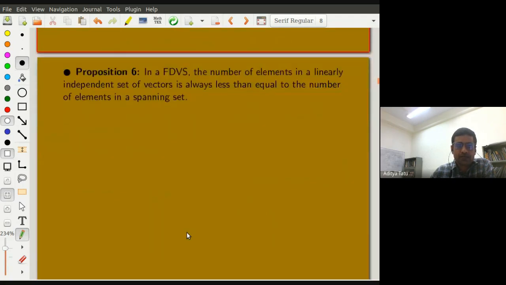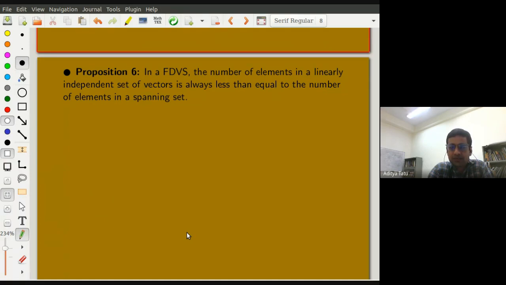Right. So now, what is the relation between a spanning set and a linearly independent set? What we now show is that in a finite dimensional vector space, the number of elements in a linearly independent set of vectors is always less than or equal to the number of elements in a spanning set.